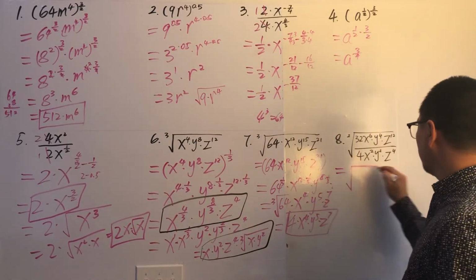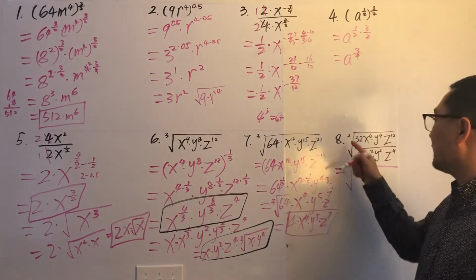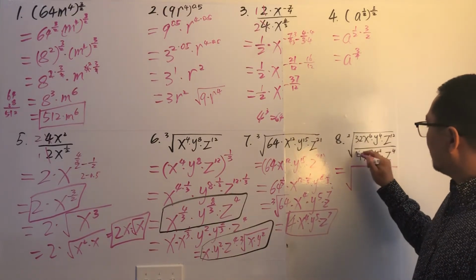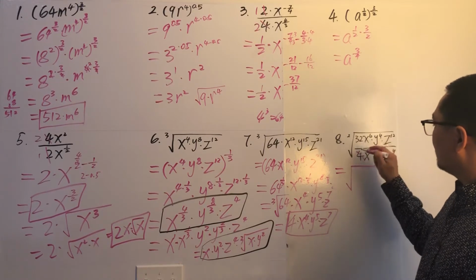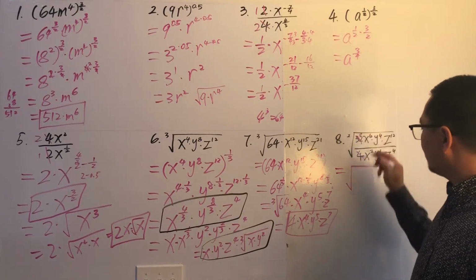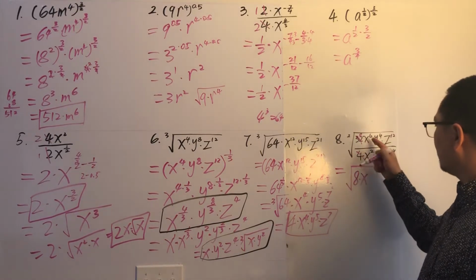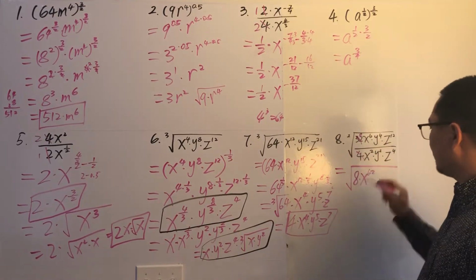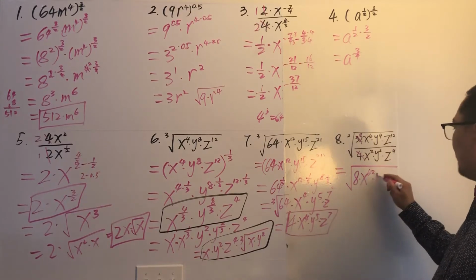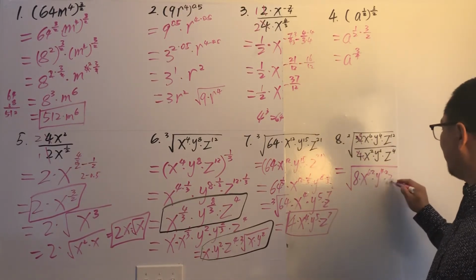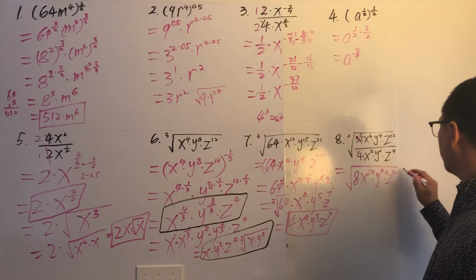Square root, you can ignore the 2, even though I write down the 2 here. So now you can simplify. Divide by 4 first. So 4 and then this 8, right? So that means it's 8 times x to the 6 minus 2, right? Times y, 4 minus 2. And then times z, 12 minus 4.